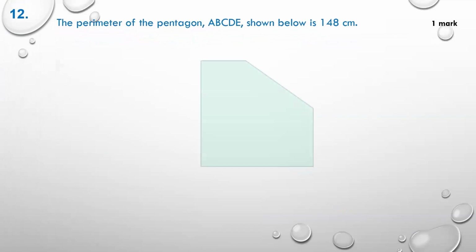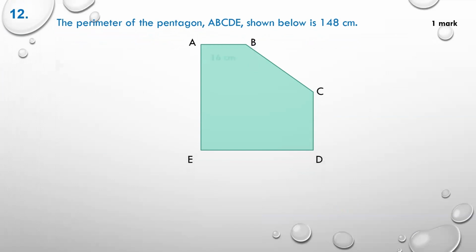And in this question, we're looking at the idea of the perimeter of the pentagon A, B, C, D, E shown below. And it has a perimeter of 148 centimeters.